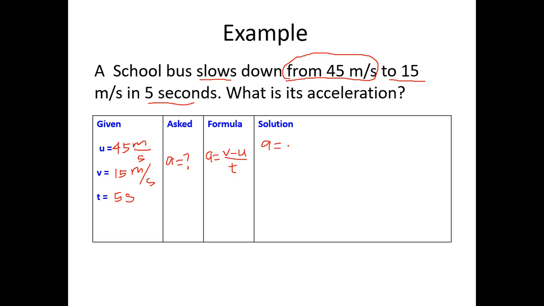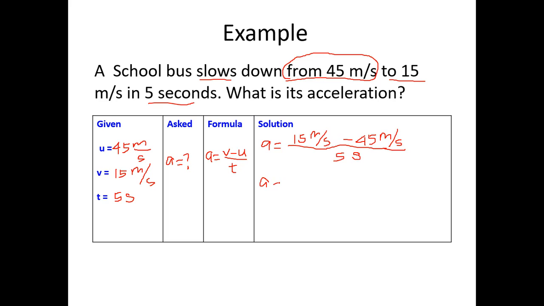A is equal to, so you have your v is equal to 15 meters per second minus 45 meters per second over the time is 5 seconds.